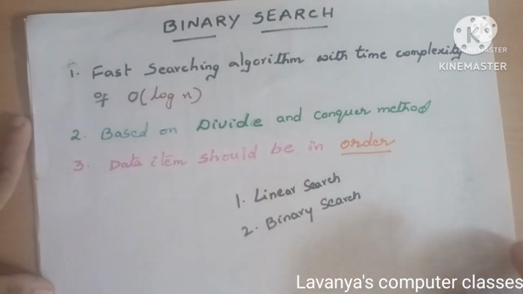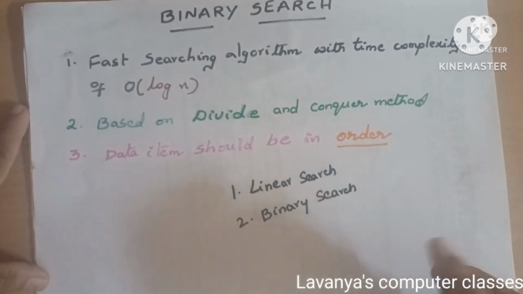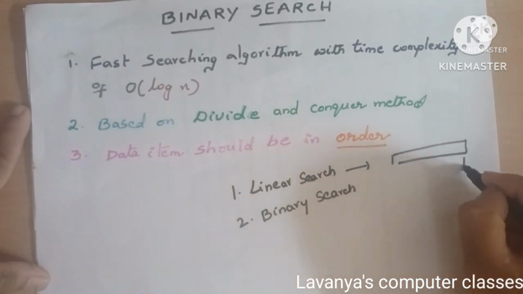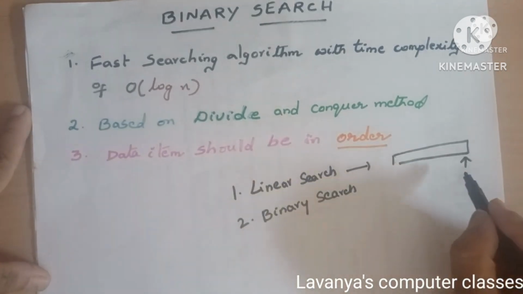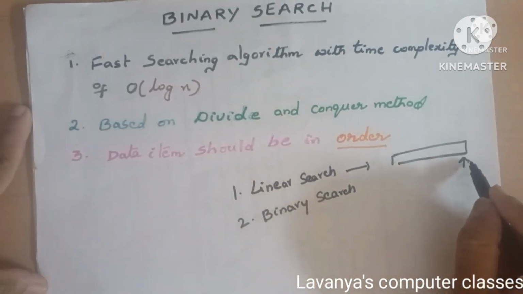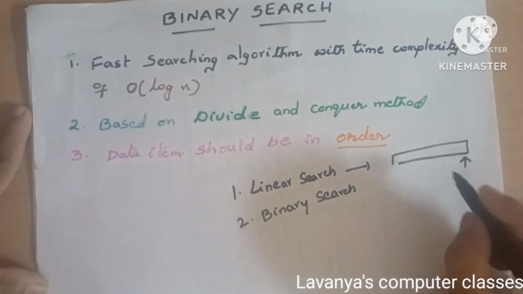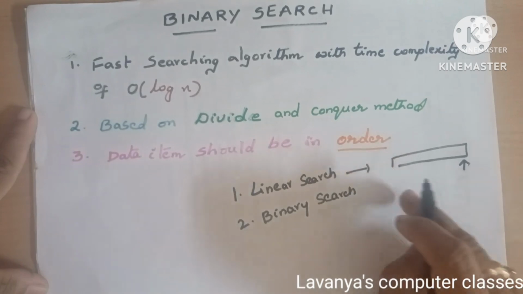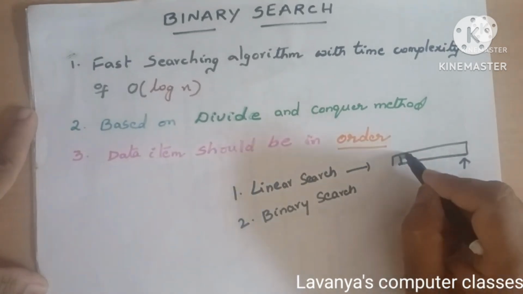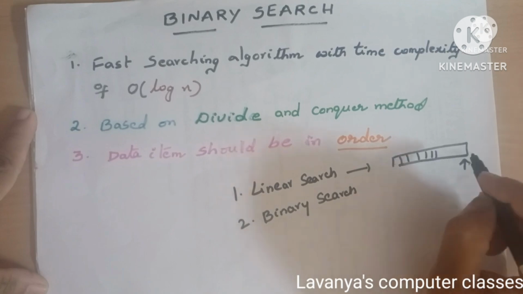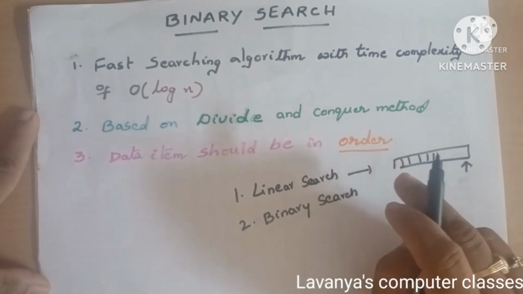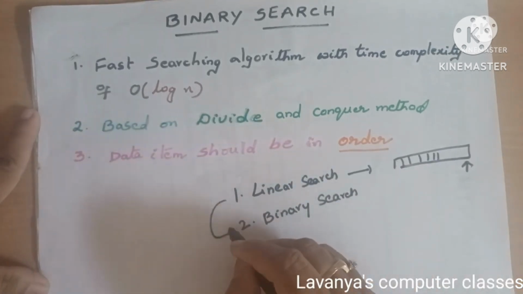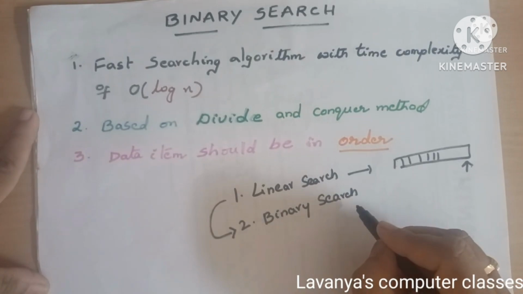Linear search is also a good example of a searching technique, but if the search element is in the last position, then the number of iterations and steps is more. For finding one element you have to check all the elements. If the size is more, it takes many iterations. That is the one disadvantage of linear search. To overcome this disadvantage, we go for binary search.